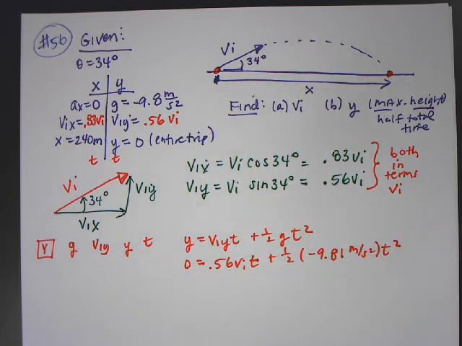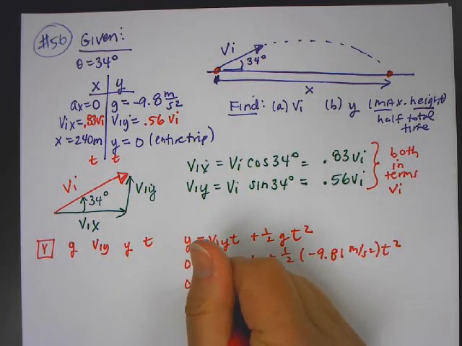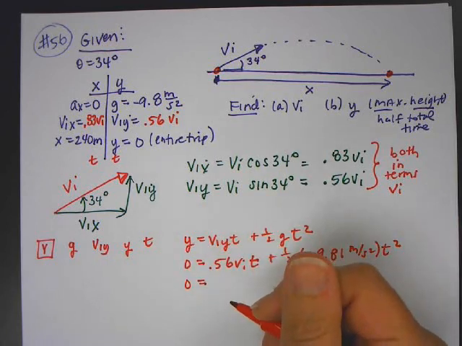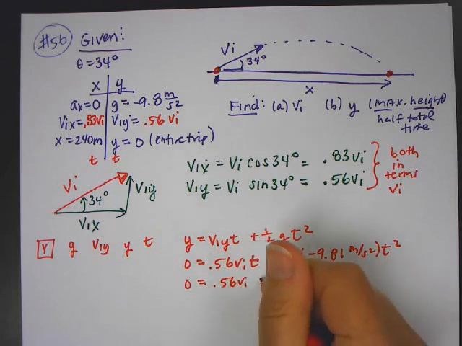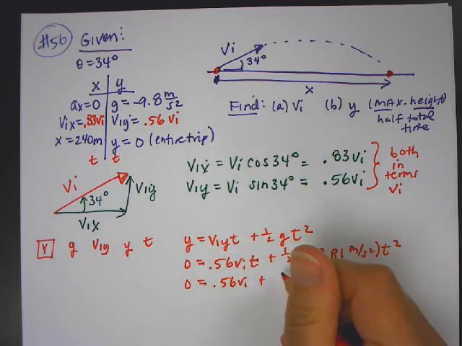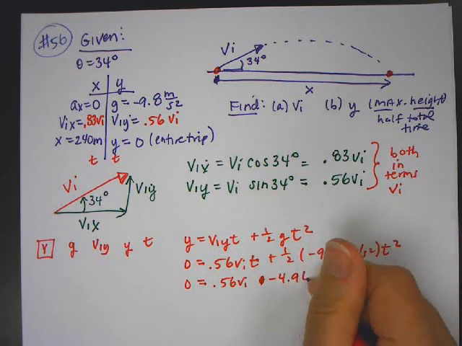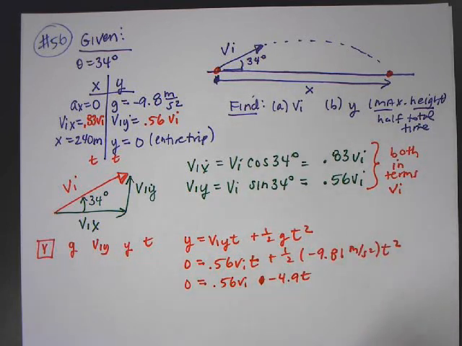So I'm going to factor out a T because we're only looking for the positive value of T. So I'm going to have 0 is equal to 0.56 VI plus, this would be minus 4.9 T. So then I'm going to try and simplify this.